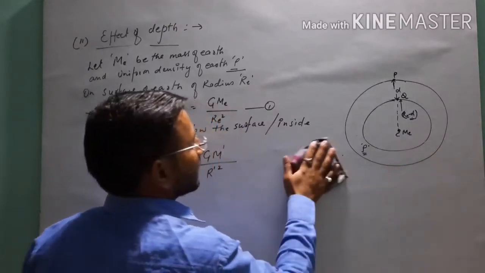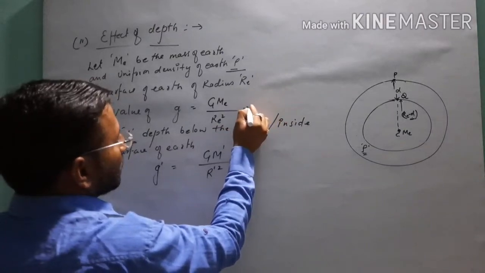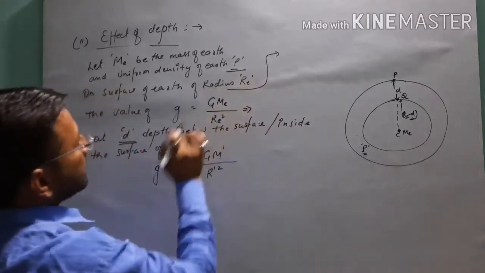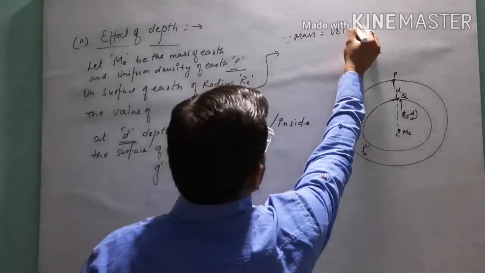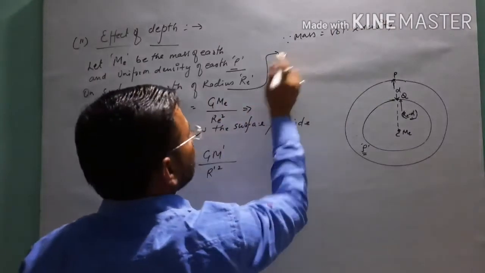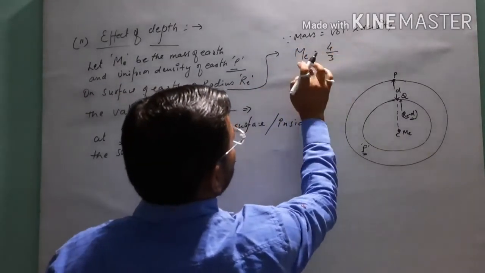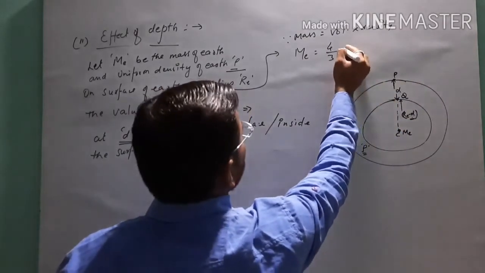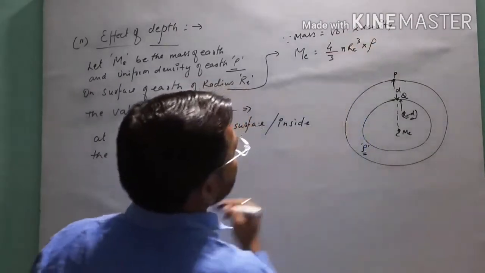See here, this derivation is different as compared to the effect of altitude. Now see the updated form. Since mass is equal to volume into density, the mass of earth Me, when we talk about the radius Re, is 4 by 3 pi Re cube rho, where rho is the density.